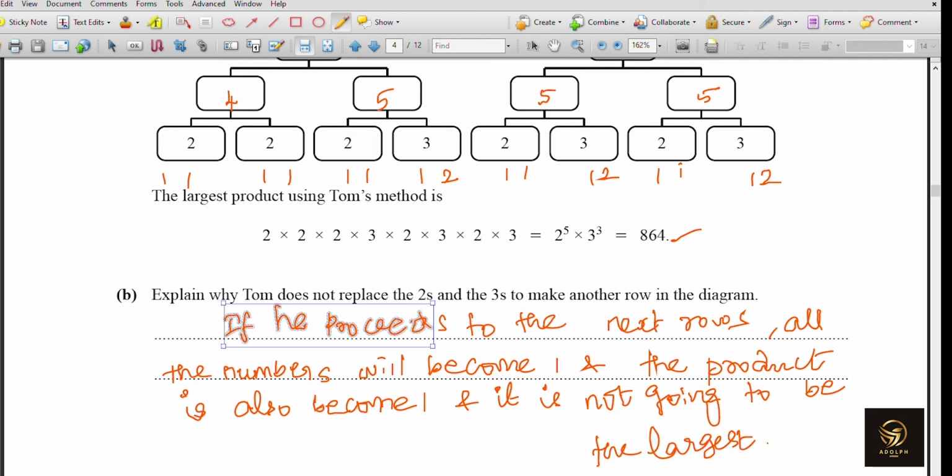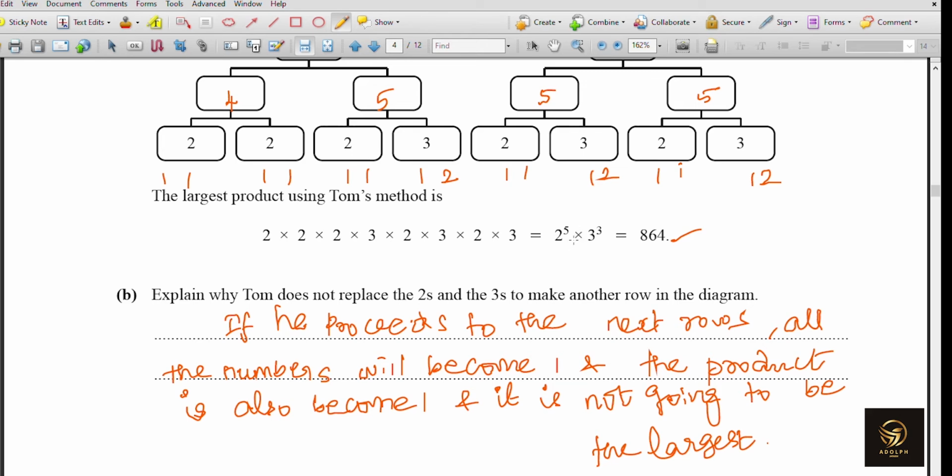So you can write in your own words, whatever words you want. I hope you have got the point. Why did he not proceed to the next row? Because with the 2's and 3's, if he is going to proceed, then everything will become 1 and 2. Then the final product is going to become 1. You can ask me how, because here we are having 2, 2, 2. How will it become 1?